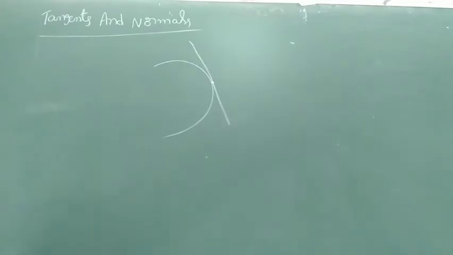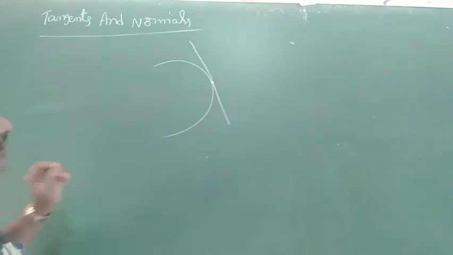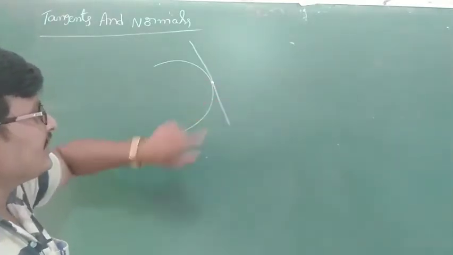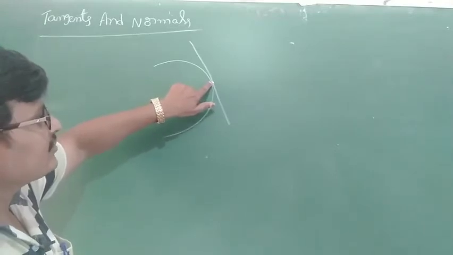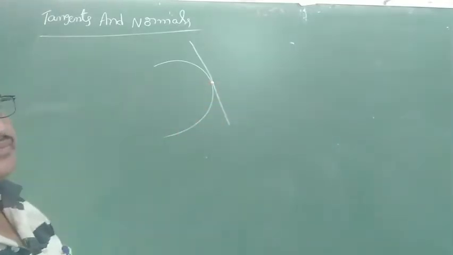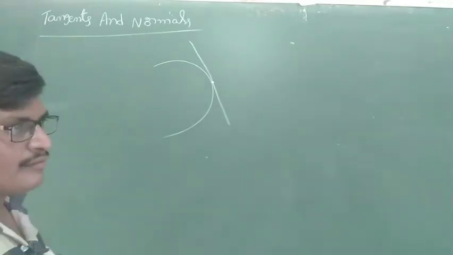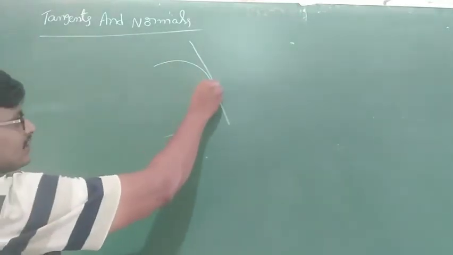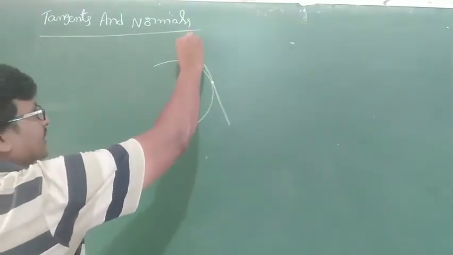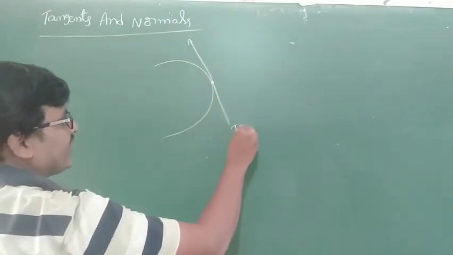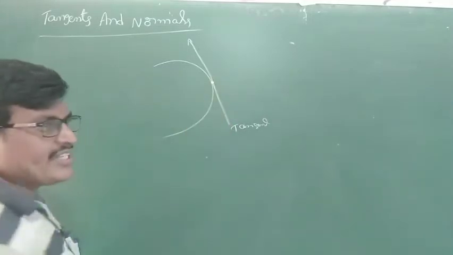This is the curve, this is the line. The line touches the curve at the point, and touching means one point is there. A line touching the curve at a point, that line is called tangent. This is the point of contact, the tangent point.